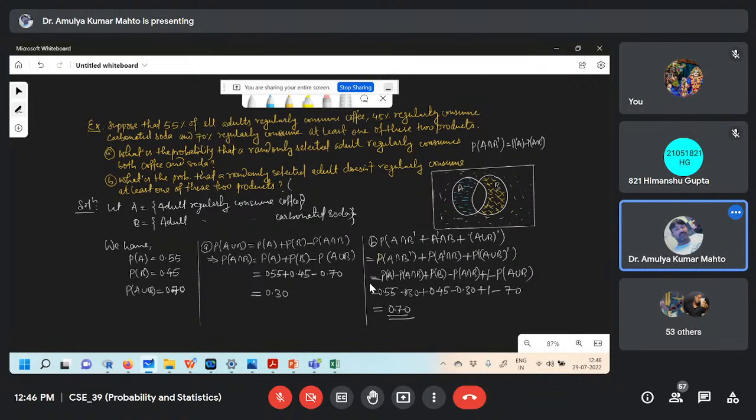It's actually the same statement. If you try to match these two, then you can understand that both are actually the same.